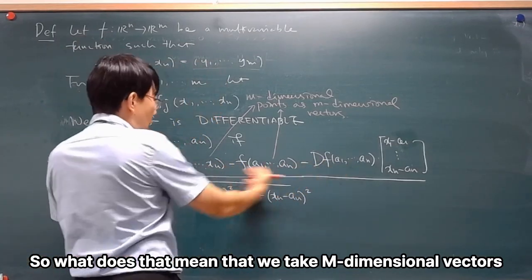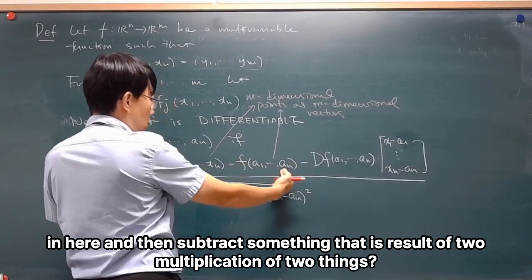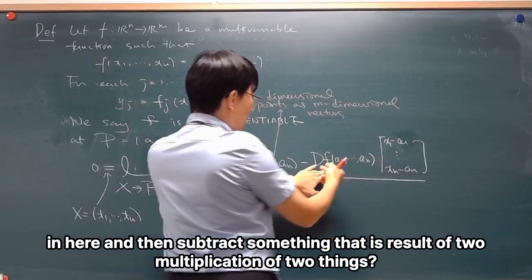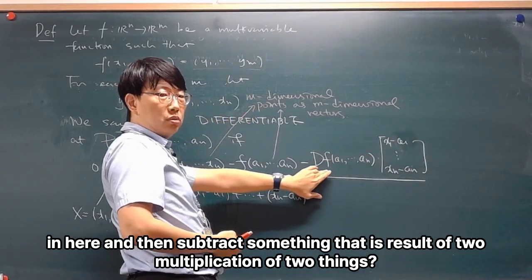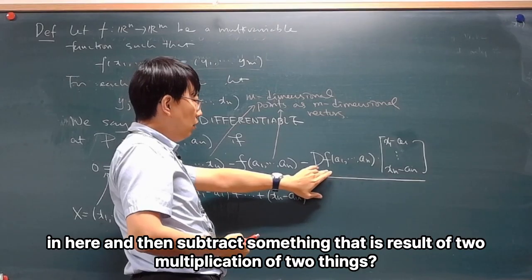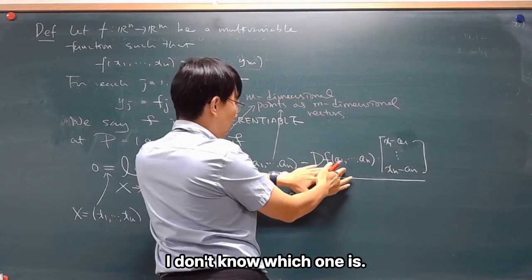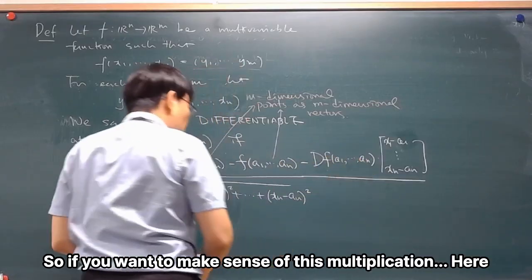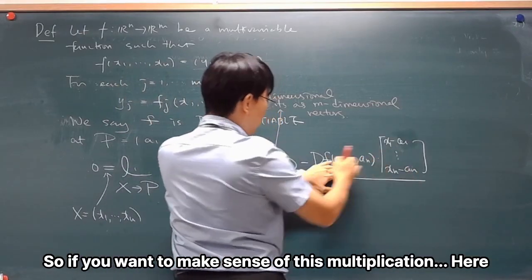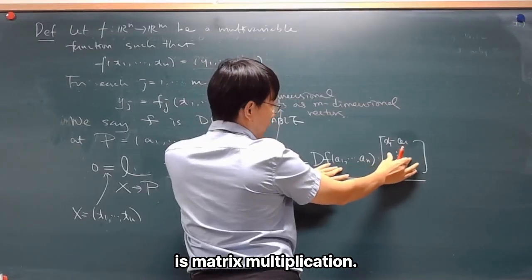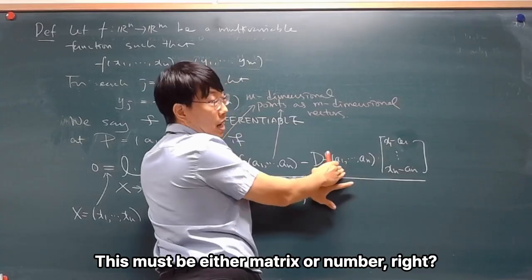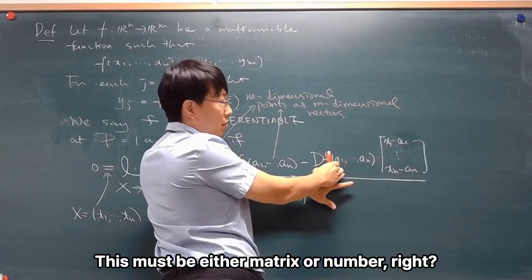We take m-dimensional vectors in here and then subtract something that is the result of multiplication of two things. One is a matrix and the other, I don't know what it is. If you want to make sense of this multiplication, here is matrix multiplication. This must be either a matrix or a number, right?